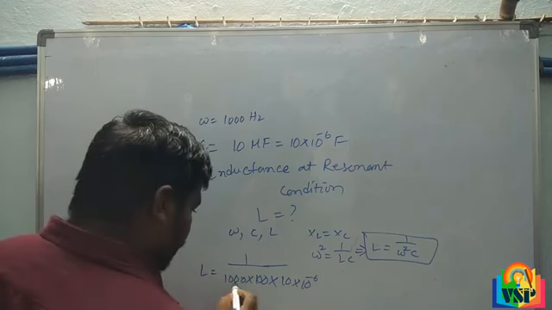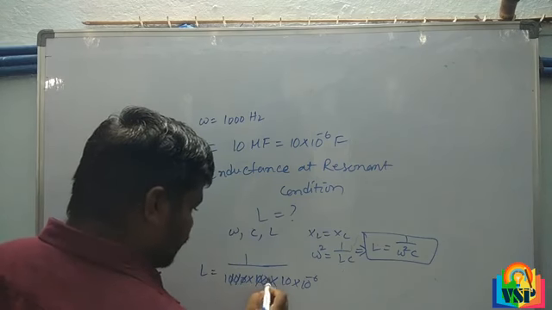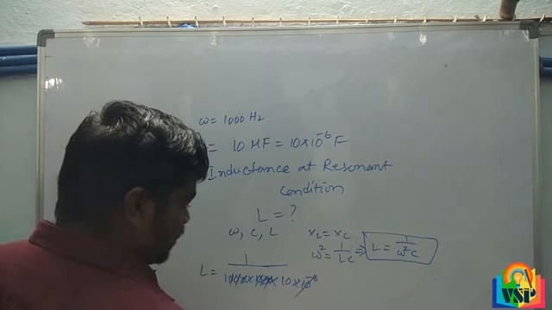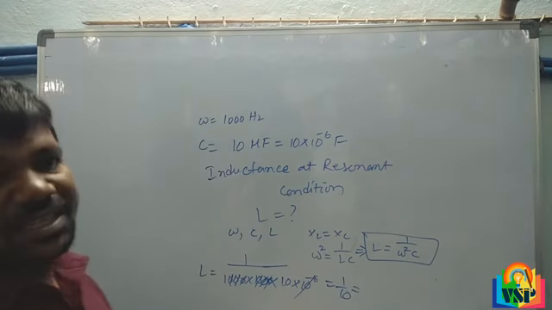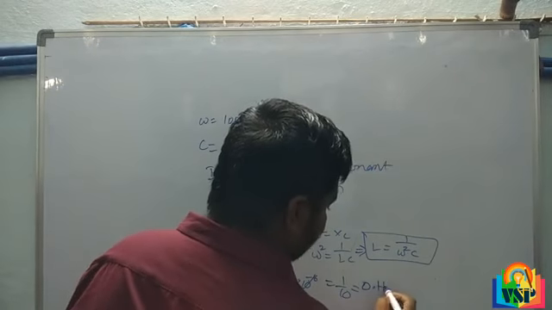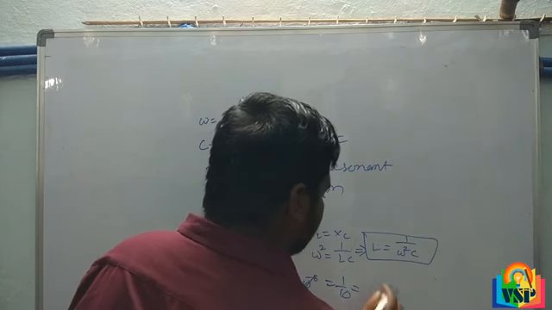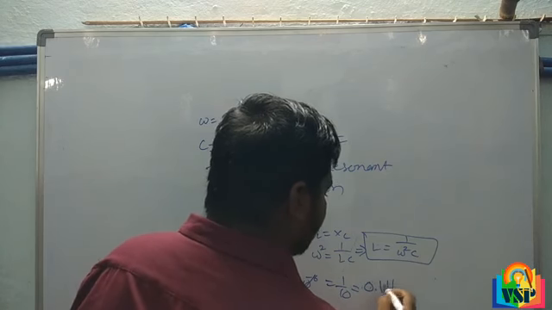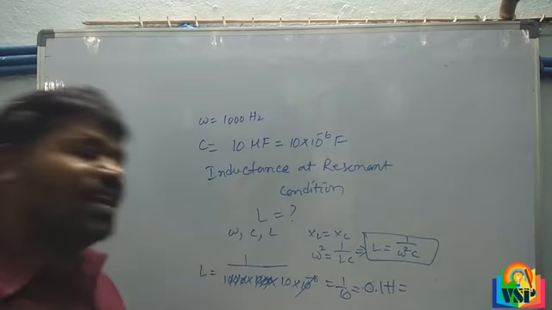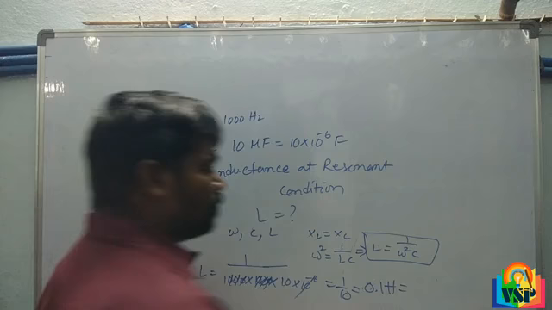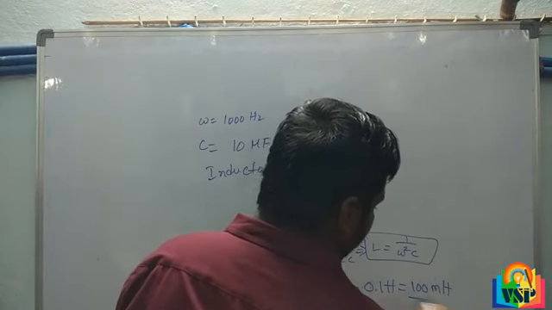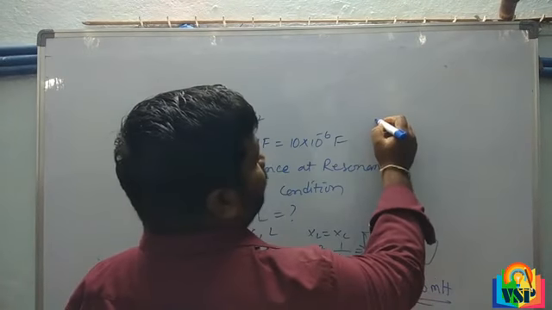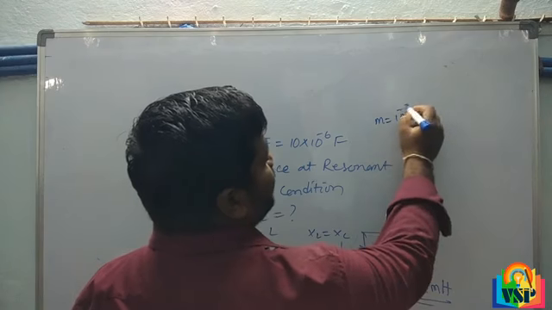See here, the 1, 2, 3 get cancelled. 1 by 10 means 0.1 Henry. We can write 0.1 Henry as 100 millihenry. Milli means 10 power minus 3.